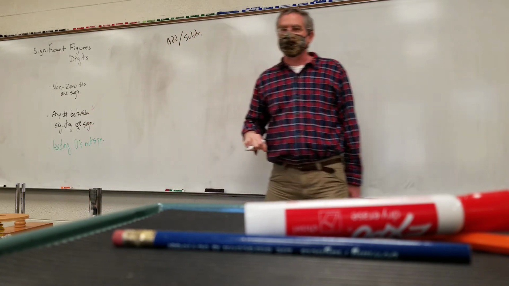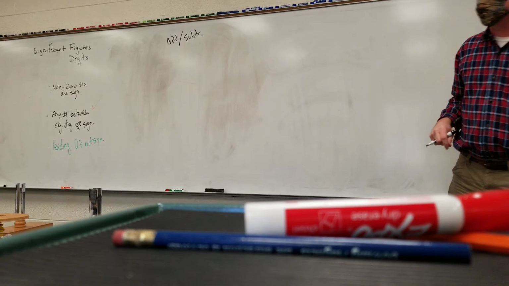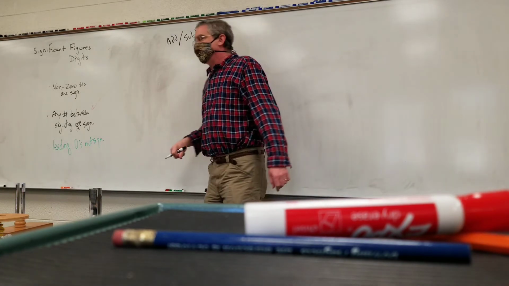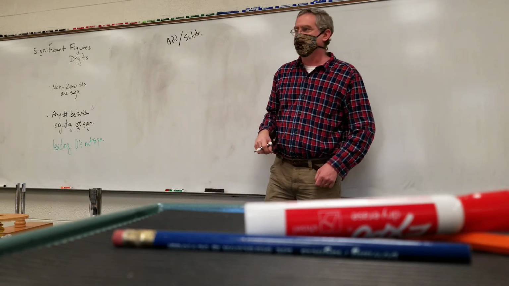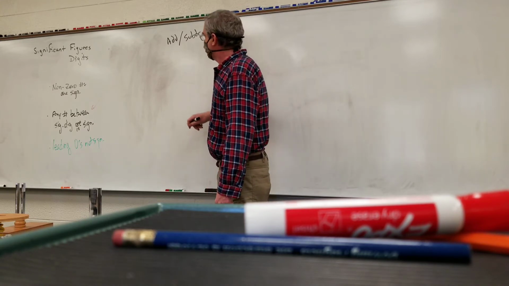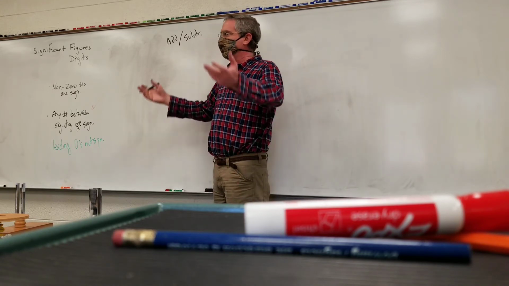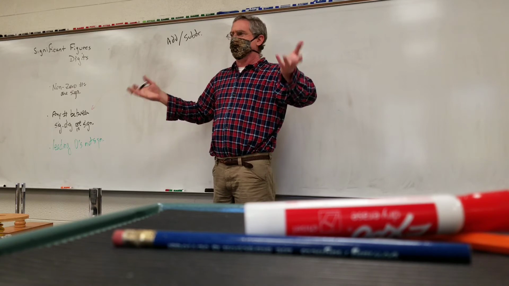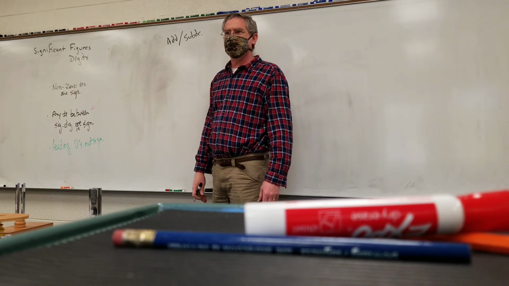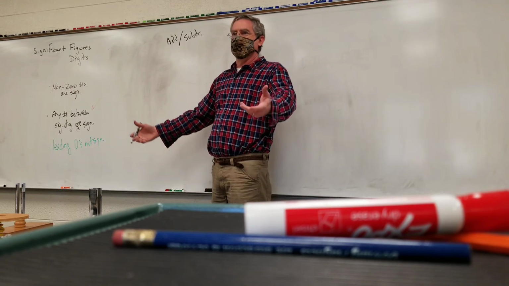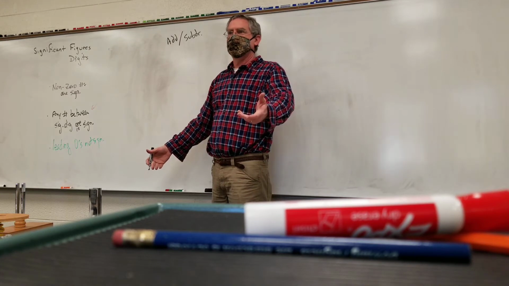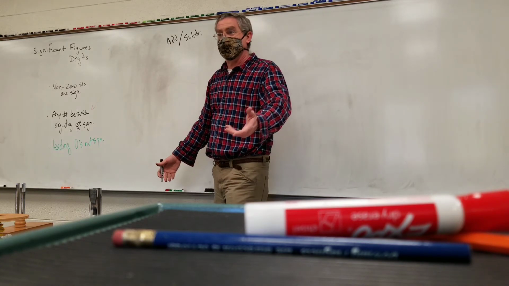All right, so addition and subtraction have the same basic rule in terms of significant digits. You're looking at level of precision. For instance, how many people roughly go to Forsyth Tech? Just give me a number. 1,000.